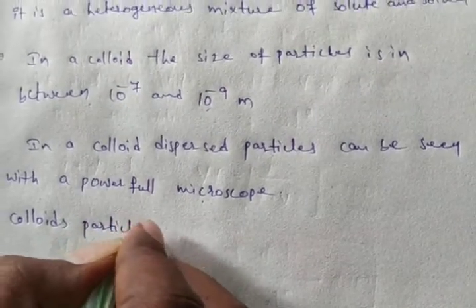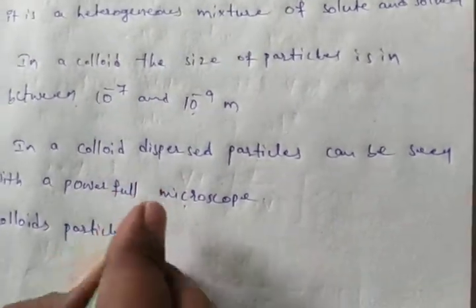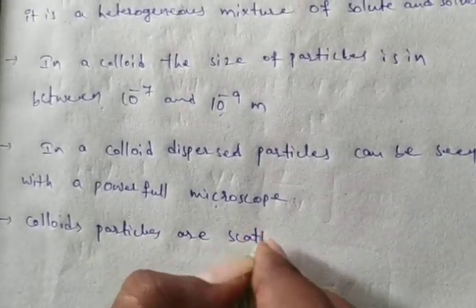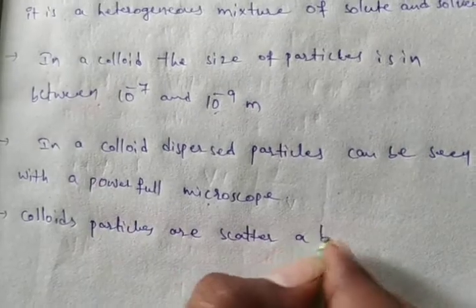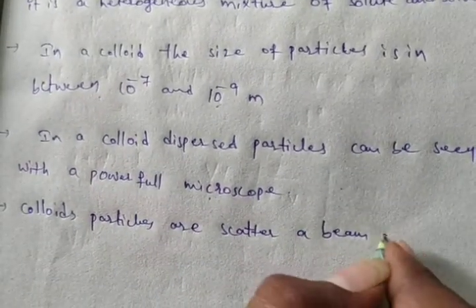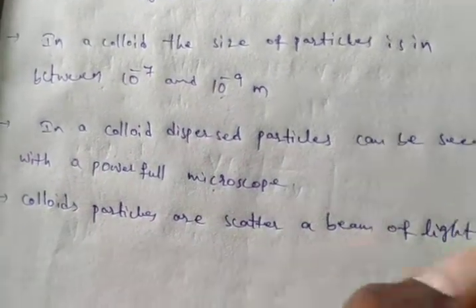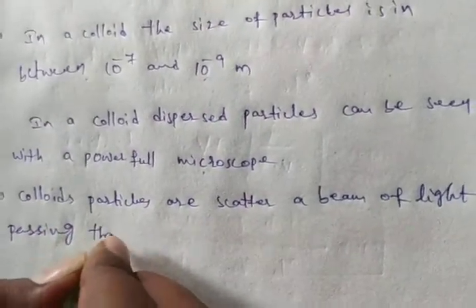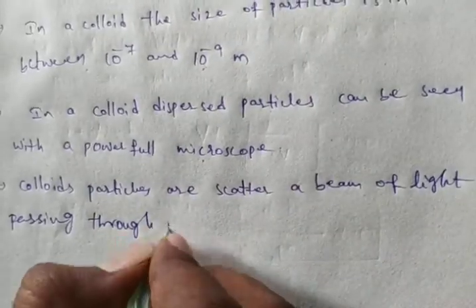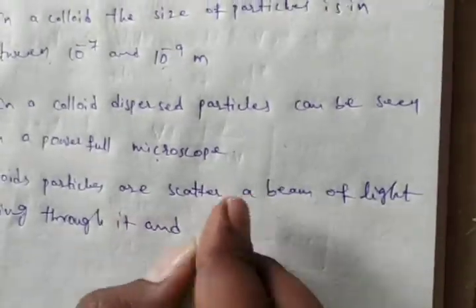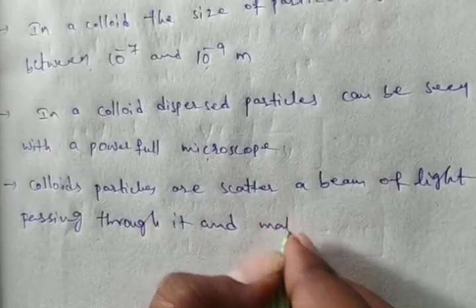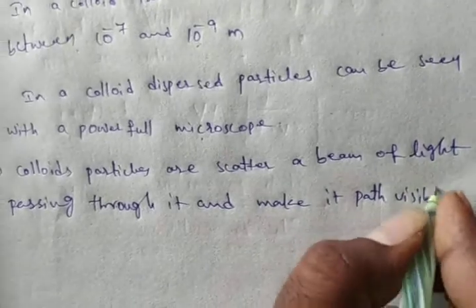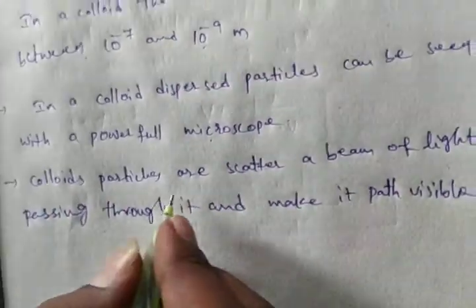Colloidal particles scatter a beam of light passing through it and make its path visible. It is called the Tyndall effect.